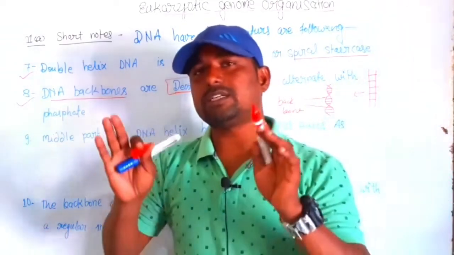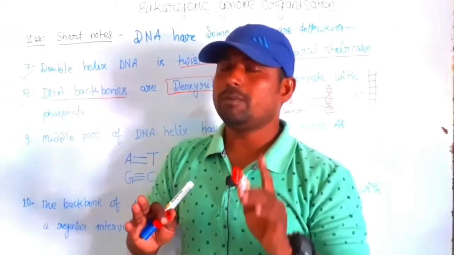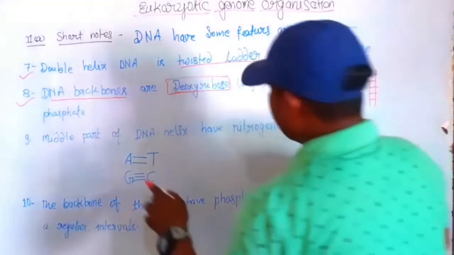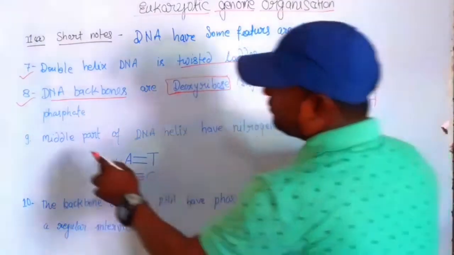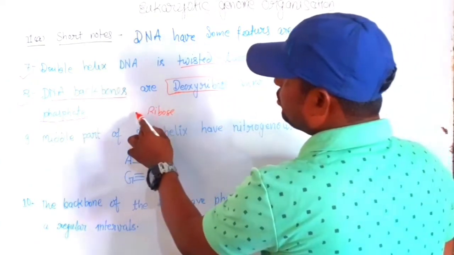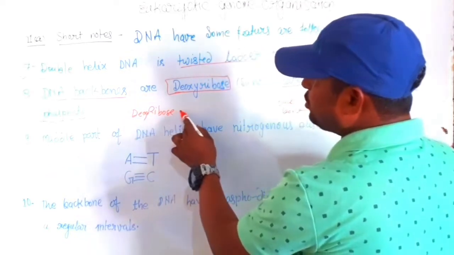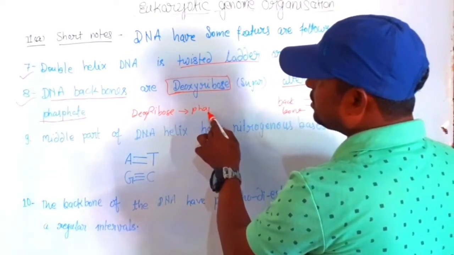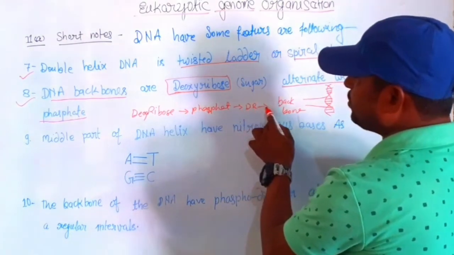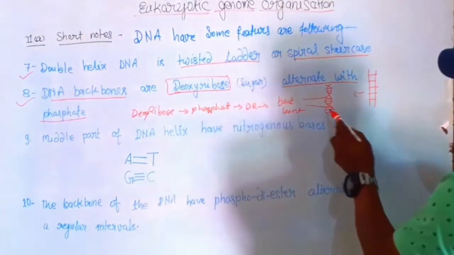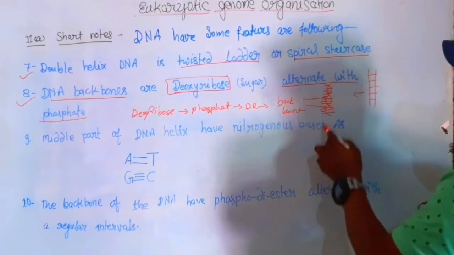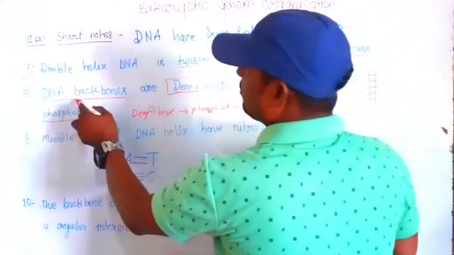If you want to understand what deoxyribose is, please go to my earlier videos. It alternates with phosphate: deoxyribose, phosphate, deoxyribose, phosphate, deoxyribose, and it continues. This makes the backbone of DNA.